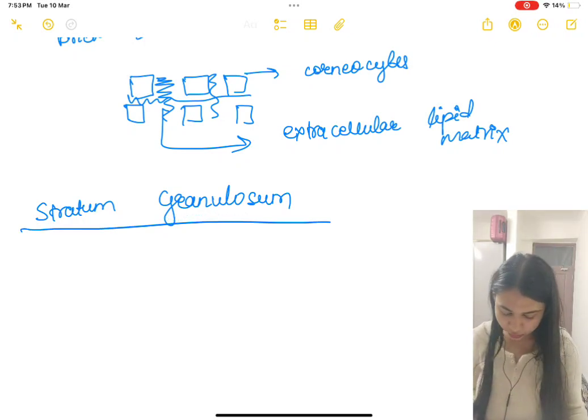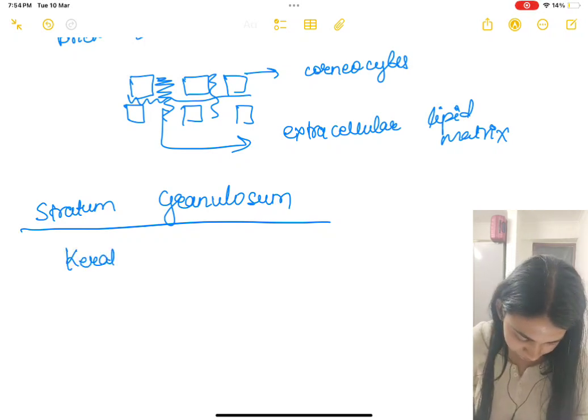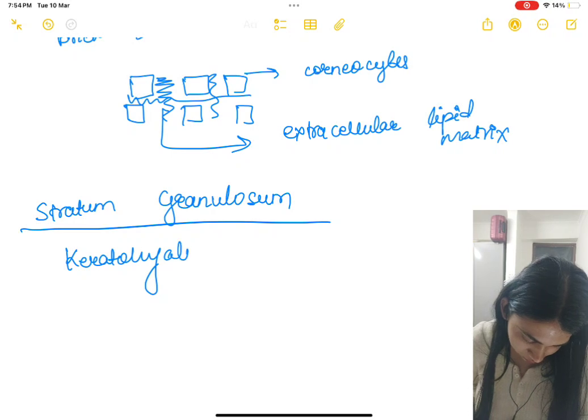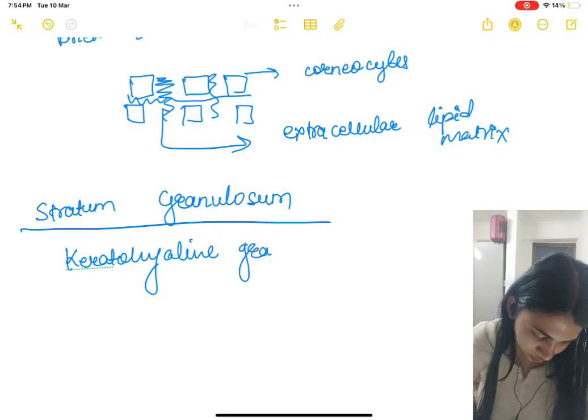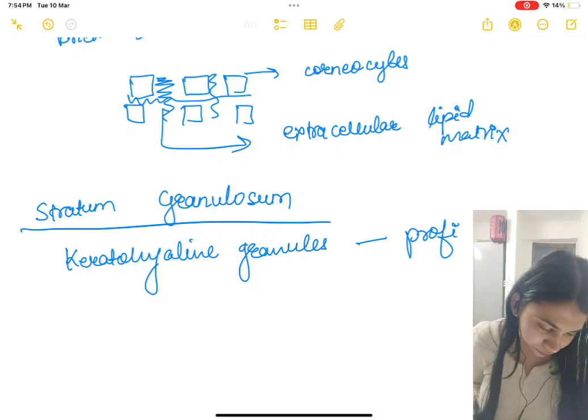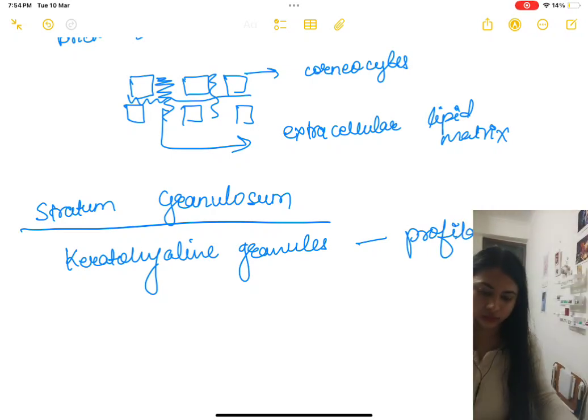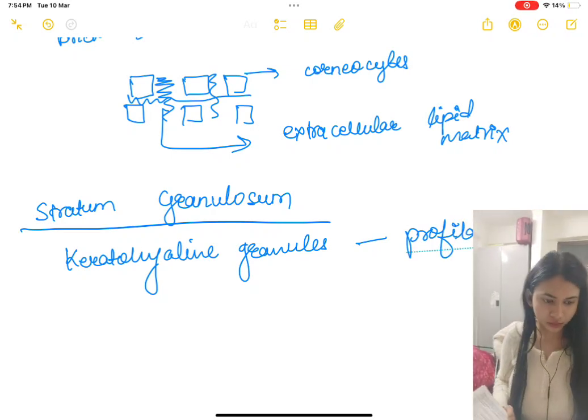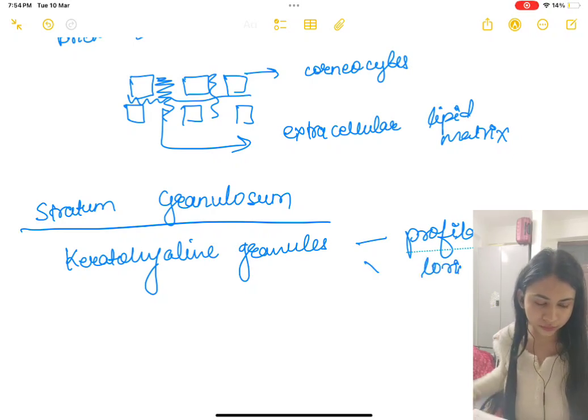Now stratum granulosum contains keratohyalin granules and lamellar granules. Your keratohyalin granules will contain profilaggrin and loricrin.